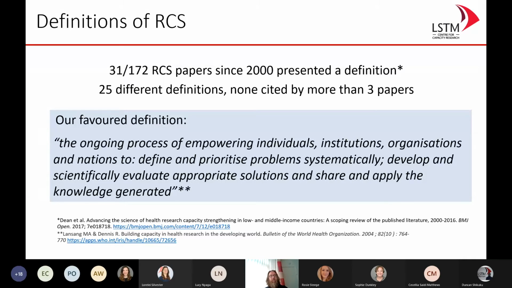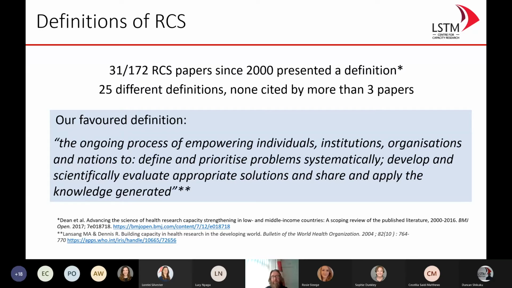But moving on to definitions of research capacity strengthening then. This is, to be frank, not particularly straightforward. There isn't a known agreed definition of research capacity strengthening that is uniformly used.